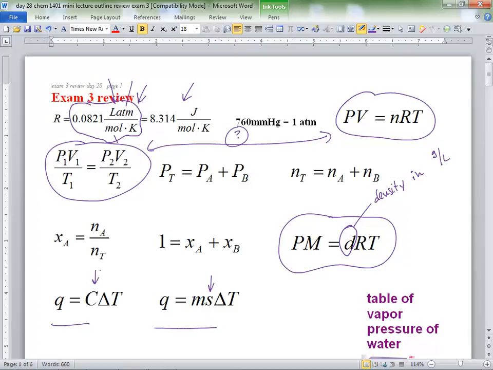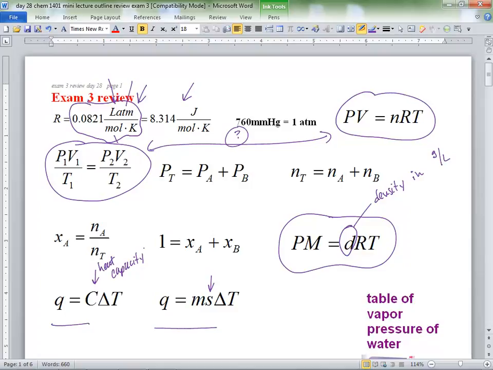What was the name for big C? What was it called? Victoria, it's heat capacity. Good, heat capacity. How about little s? Teresa, what was little s?